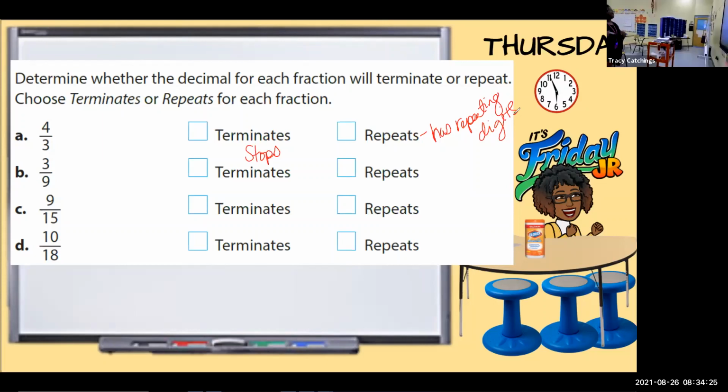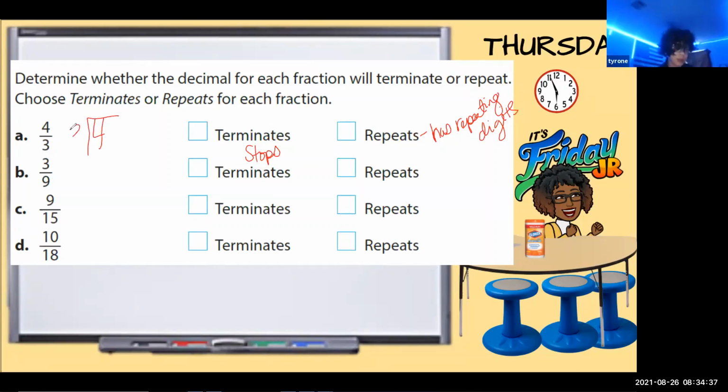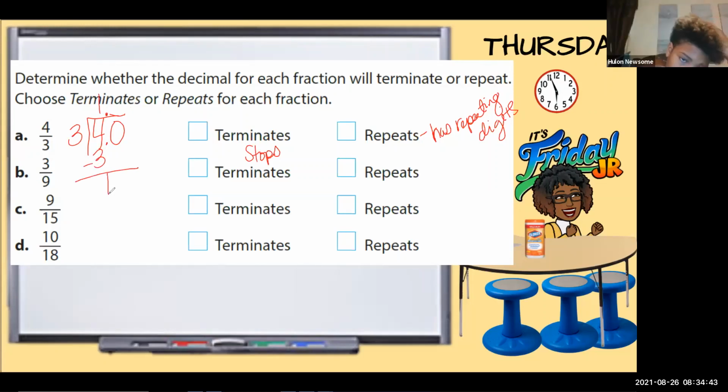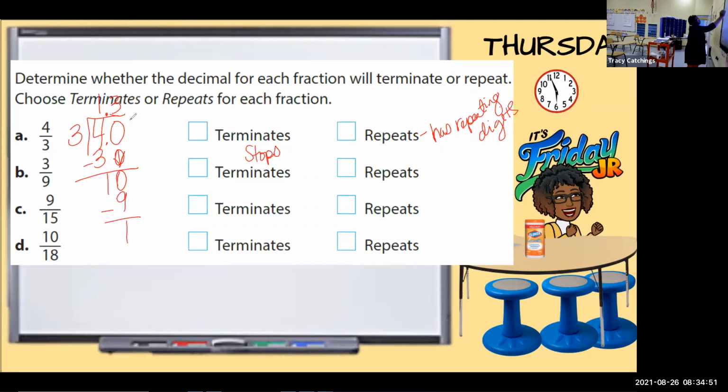All right. Was anyone able to figure out 4/3? What did you get? Terminate. Repeat. 4 divided by 3. Somebody said terminates. We gotta check that. Hold on, we gotta figure it out. 3, 9, bring a 1 down.